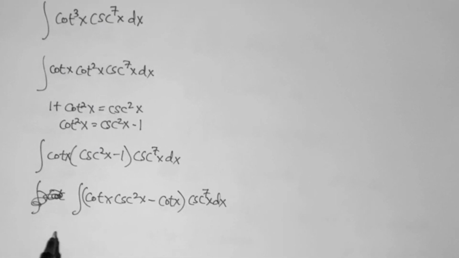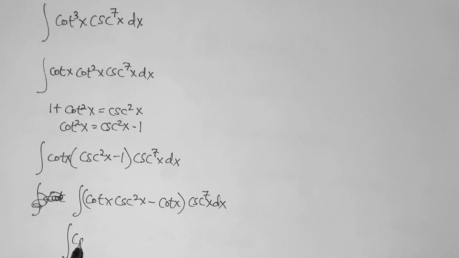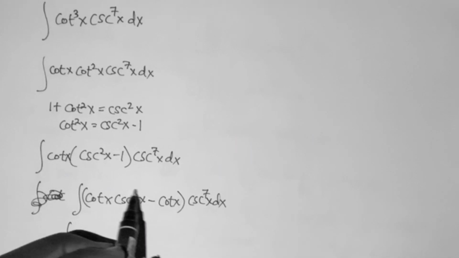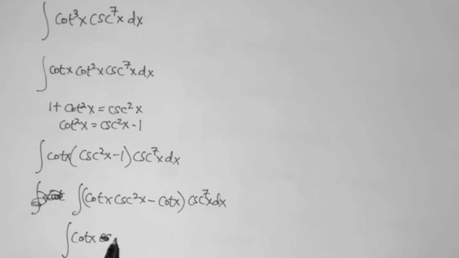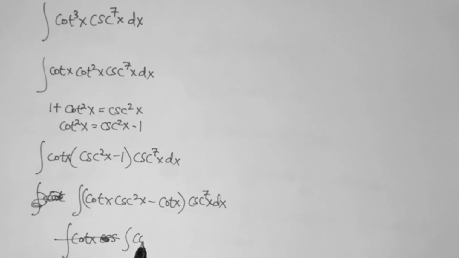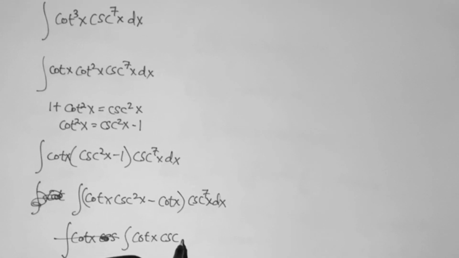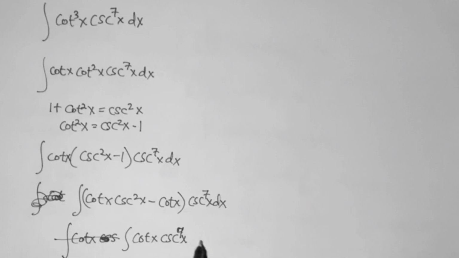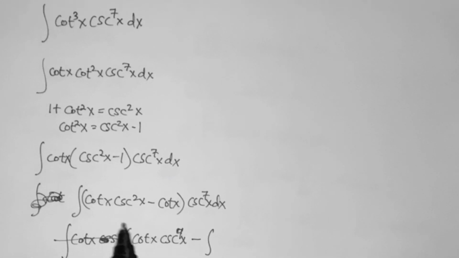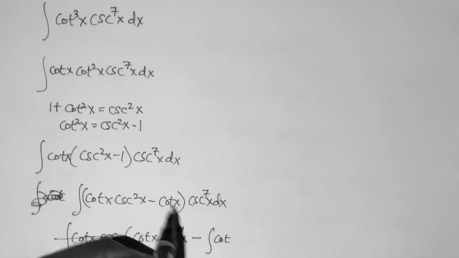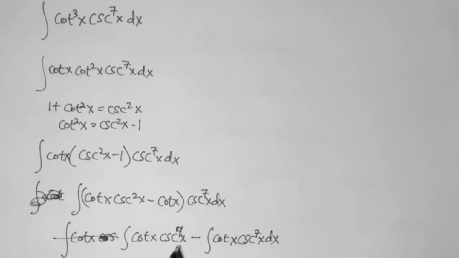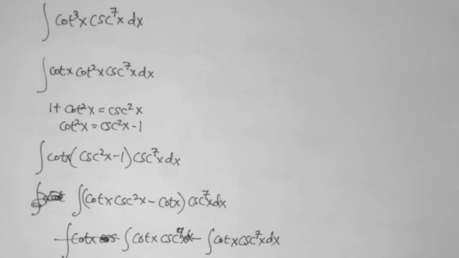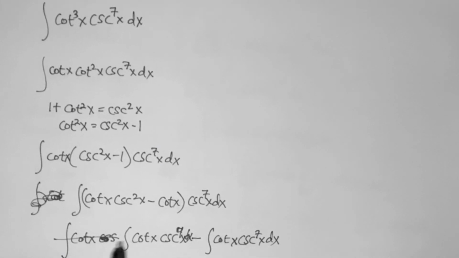So we can break this integral into 2: the integral of cot x, then cosec squared x times cosec x exponent 7, which becomes the integral of cot x cosec x exponent 9, then minus the integral of cot x cosec x exponent 7 dx. So there's also a dx here. What we'll do is take all of these individual integrals and evaluate them.